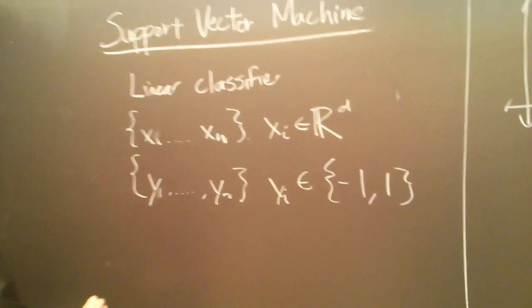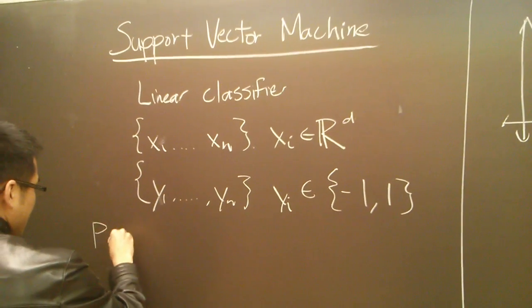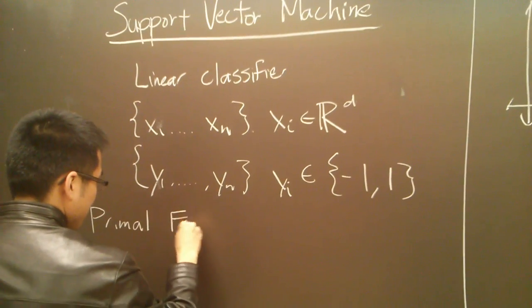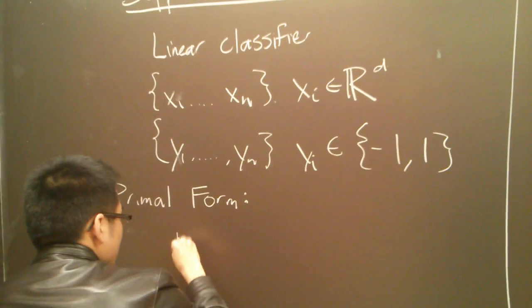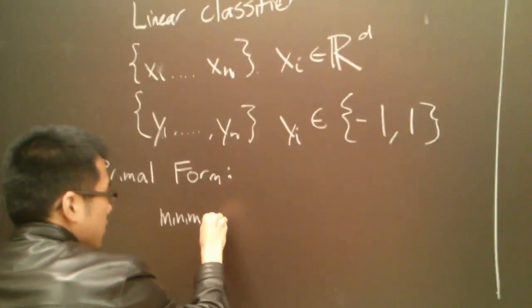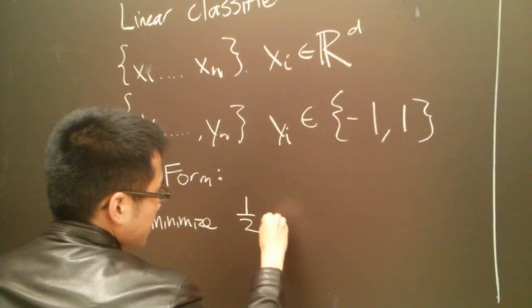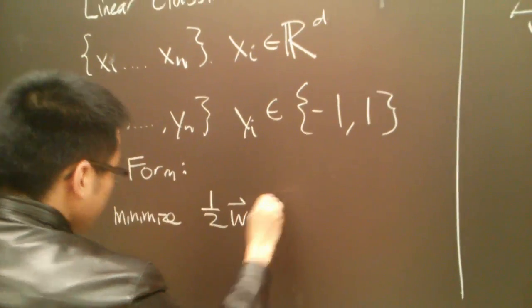So putting it all together, we get the primal form of the SVM, right? So the primal form is going to be: minimize 1/2 w·w, right?